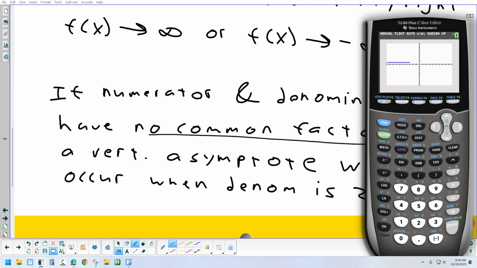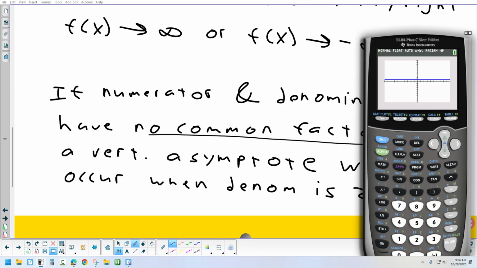But watch what happens when you get close to 2. What does it look like happened when you got close to 2 right there? Nothing. It doesn't look like anything happened at all. If we zoom in on 2 and see what happens, I still don't see anything.